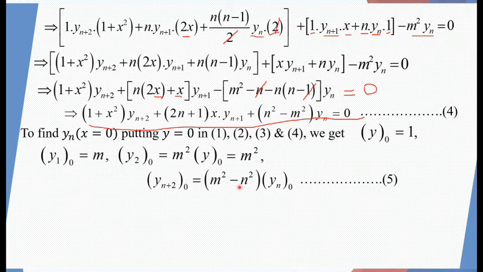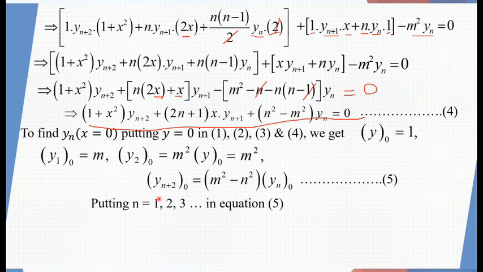So we have to find a pattern. For this, we have to find y3, y4, y5, y6 at 0 and so on. So for this, we put n equals to 1, 2, 3 and so on in equation number 5. When we put n equals to 1, then y3(0) is equal to (m square minus 1 square) into y1(0).